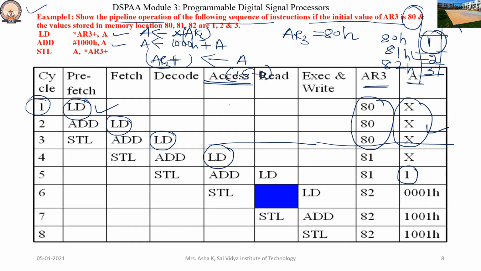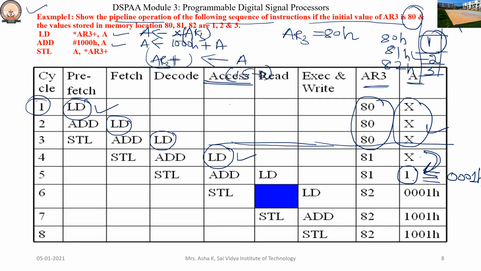When it is loaded, the value of the accumulator is changed to 1. If I represent this in hexadecimal, this is 0001 hexadecimal. During this particular phase of operation, in the read phase, the data has been changed for the load instruction.